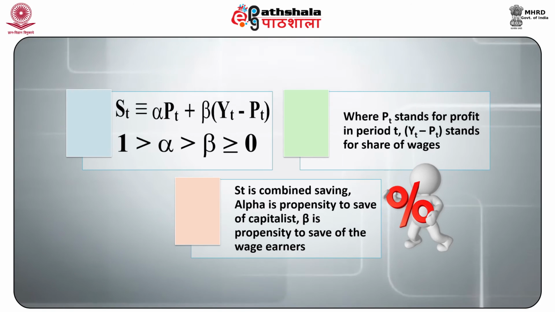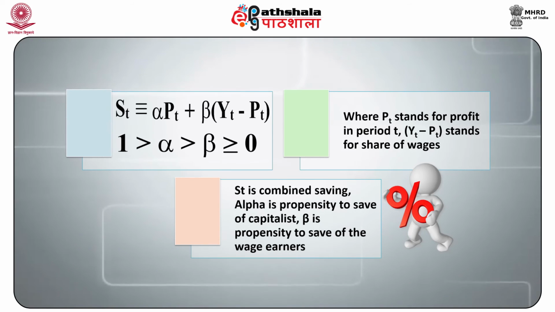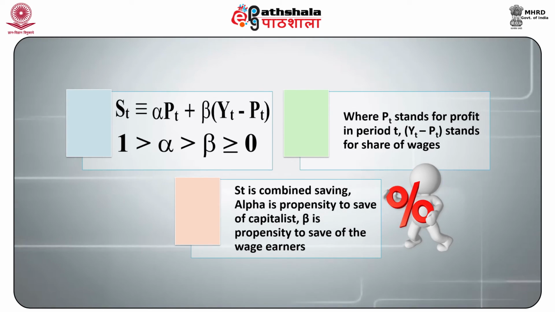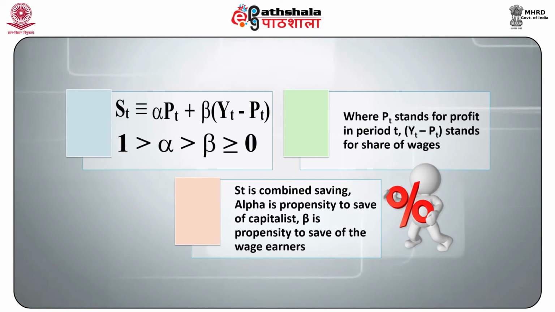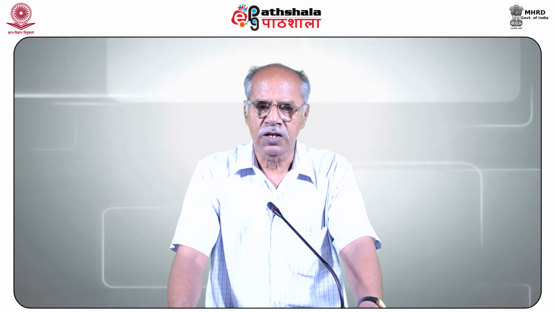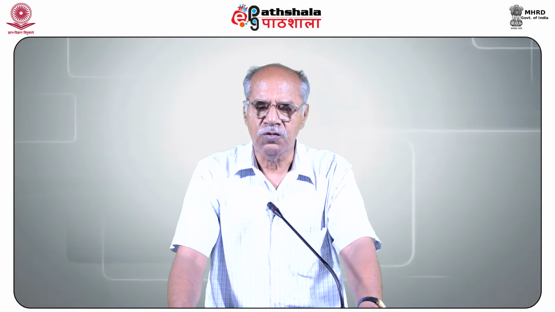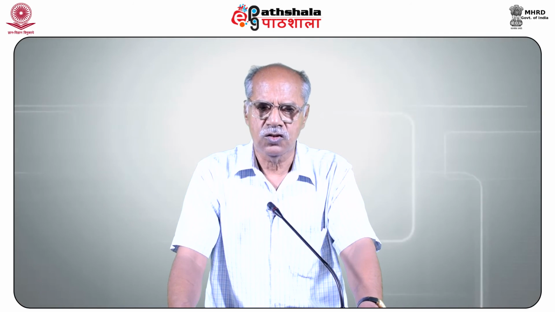Alpha is the propensity to save of the capitalists, beta is the propensity to save of the wage earners, where 1 is greater than alpha, which is greater than beta, which is greater than or equal to 0, which means that the propensity to save of the capitalists is greater than the propensity to save of the workers or laborers.